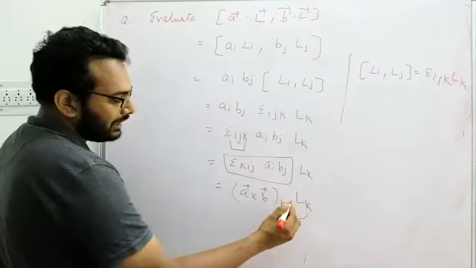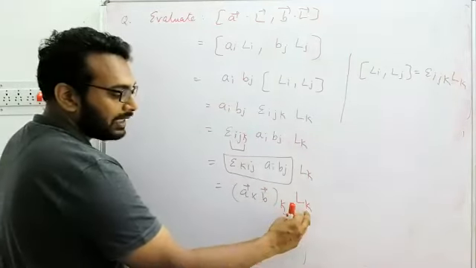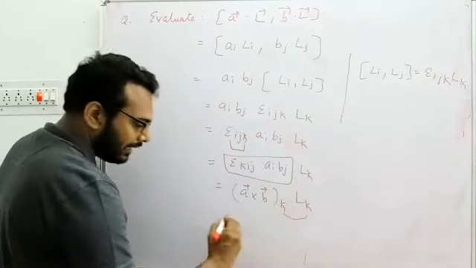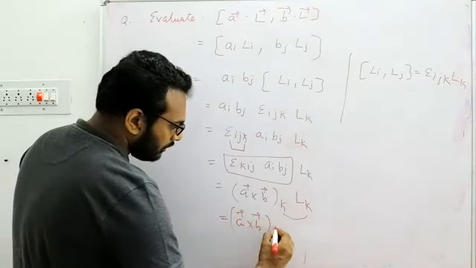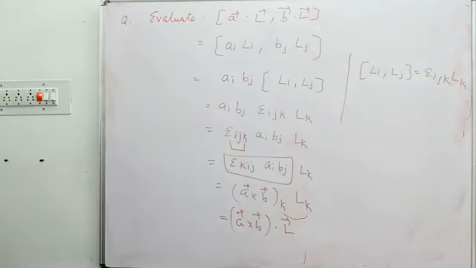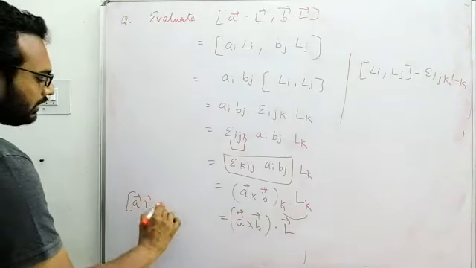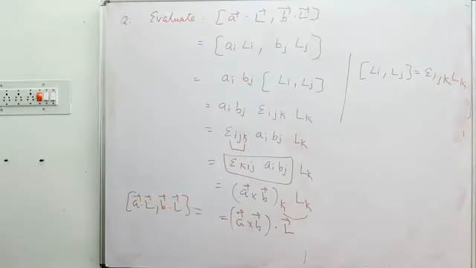You take each component of A cross B, multiply by the same component of L and add, which is nothing but a scalar product. So the result is {A·L, B·L} equals (A cross B) dot L.